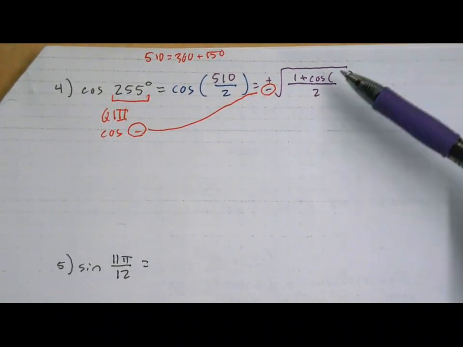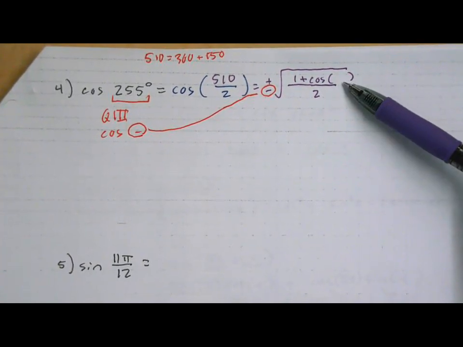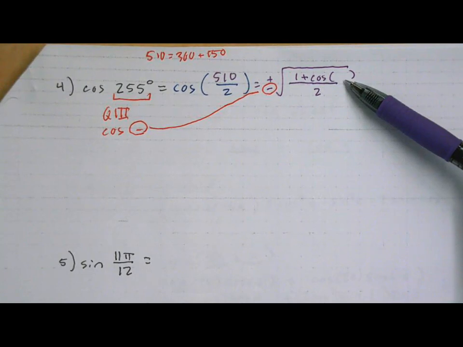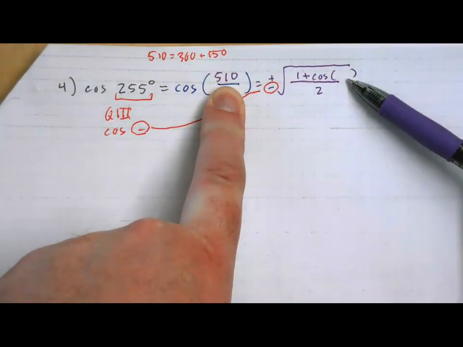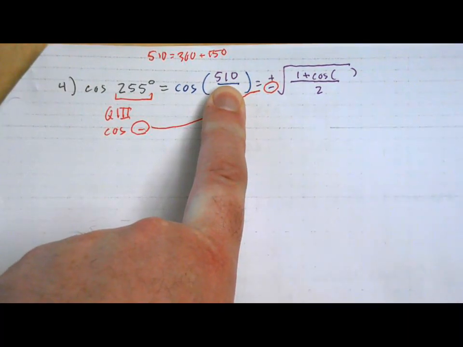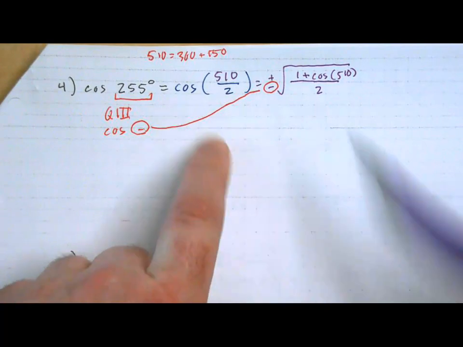Okay, let's keep it going here, guys. What number is going to go in this cosine? I'm going to put the 510 up here for my notes, but I would normally put 150, and then I would do the next. So let's put 510 in here because it's always the thing on the top of our fraction.